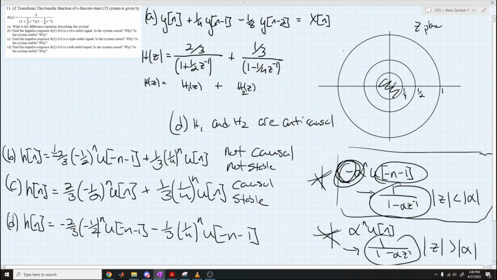Or, if you wanted to, which is a terrible idea on an exam, you could write out the summation and prove that it diverges. But just using the z-plane is probably going to be the fastest and clearest way to explain your answer. All right. Good luck on your exam.